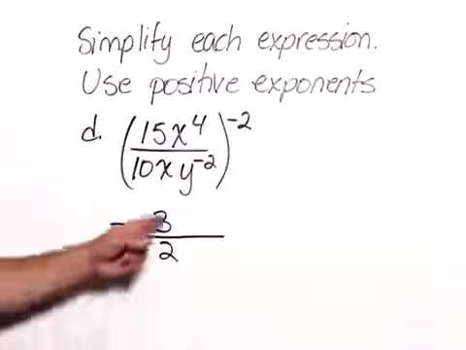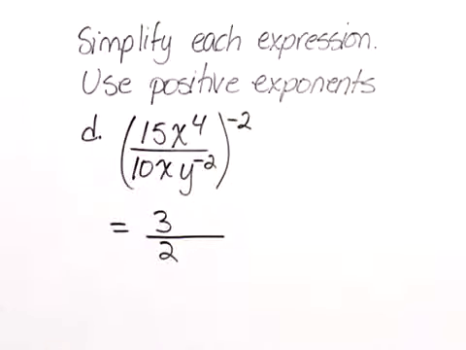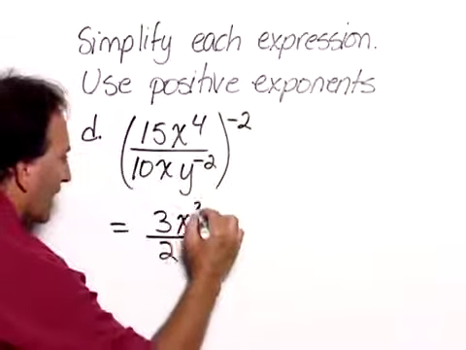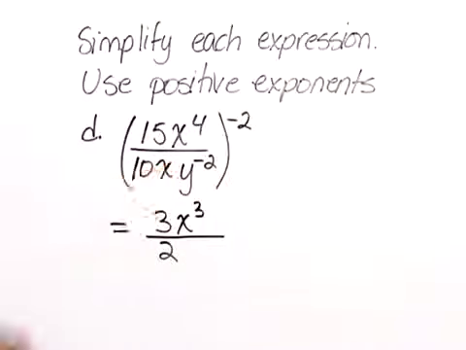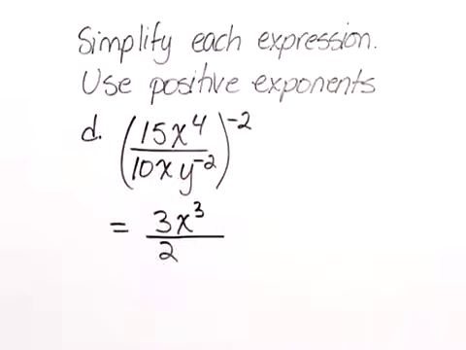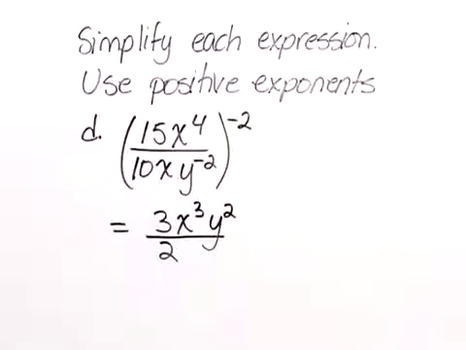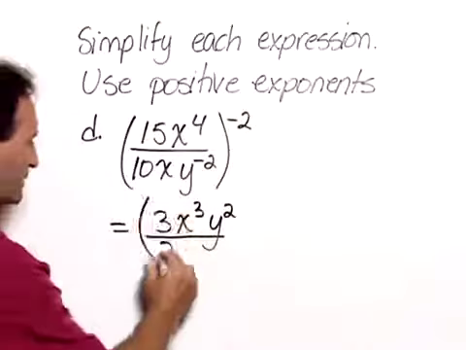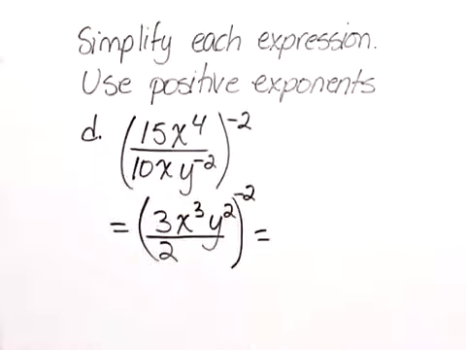Now, in terms of the variables, we have x to the 4th divided by x. That becomes x cubed because we subtract 4 minus 1. For the y to the negative 2 power, remember we can put that into the numerator and change its power to positive. So that's what's inside the parentheses, and that's raised to the negative 2 power.